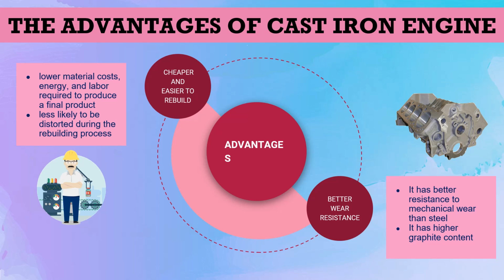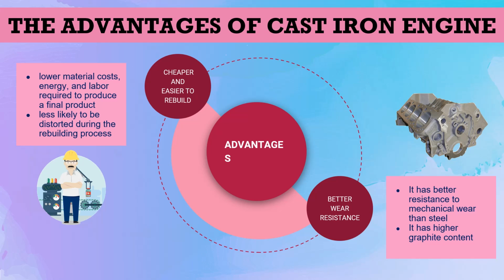Okay, next I will explain to you about the advantages of cast iron. There are four advantages of cast iron, and the first one is cast iron is typically cheaper and easier to rebuild. A cast iron engine block is often cheaper because of the lower material cost, energy, and labor required to produce a final product.